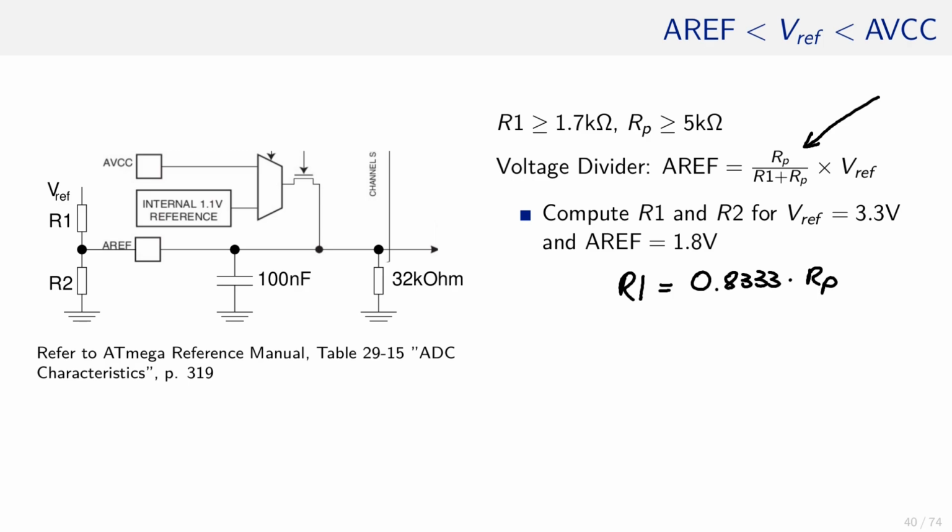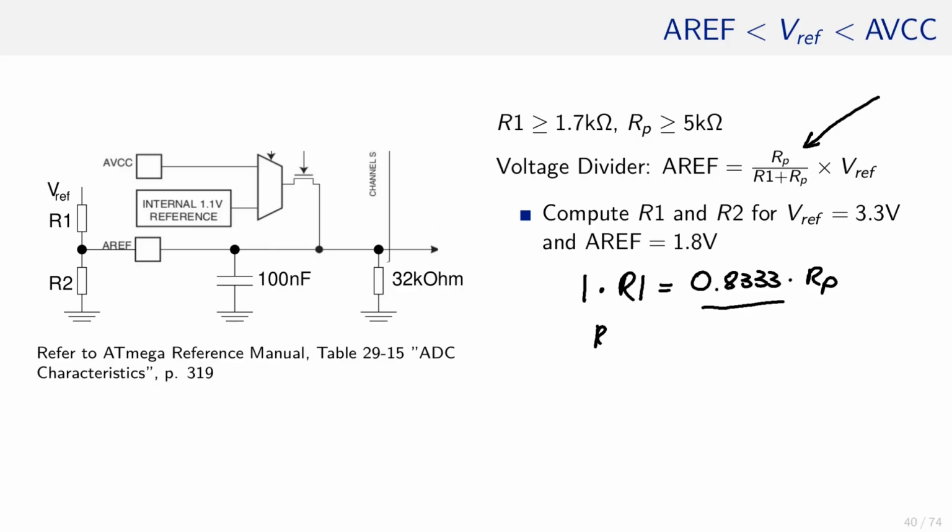If we compare the multiplicants, we have a 1 here and a 0.8333 and so on over there. That means that R1 is always smaller than RP, or in other words, RP needs to be 20% larger than R1. With that condition in mind, that the lower boundary of RP of 5 kilo ohm is larger than the one of R1, we set RP to 5 kilo ohm and check if R1 is still larger than 1.7 kilo ohm.